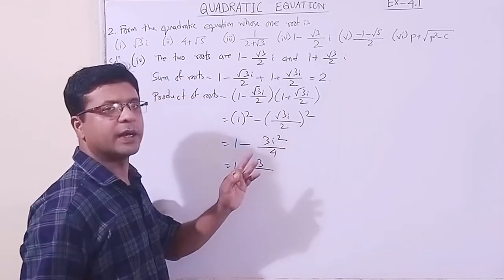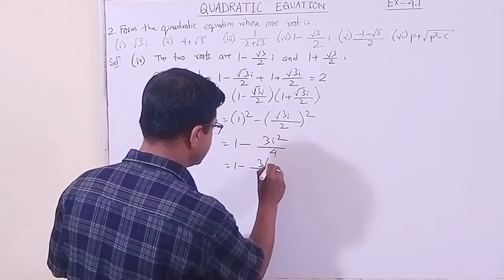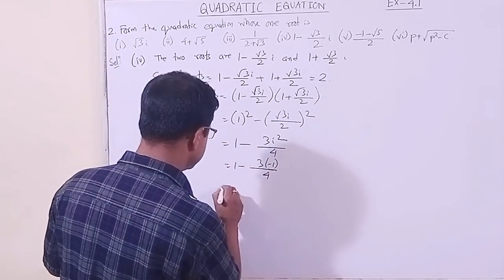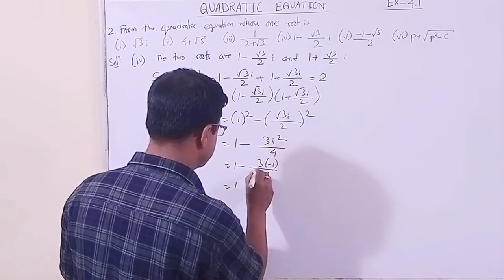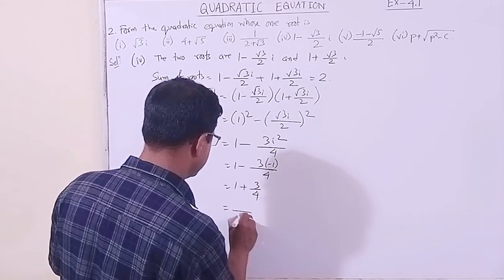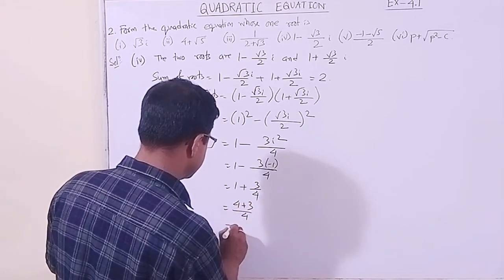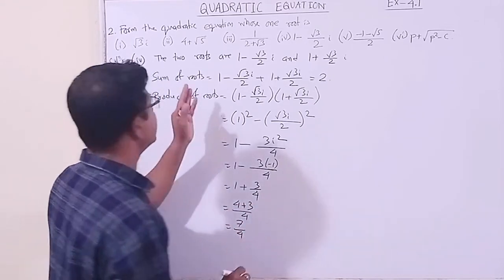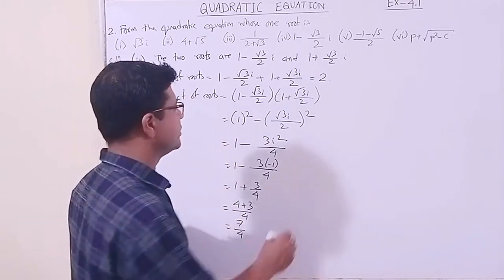What is the value of i square? i square is minus 1. I am showing all the steps. 1, this is minus 1 plus 3 by 4. Okay, so it is 4 plus 3. This is 7 by 4.